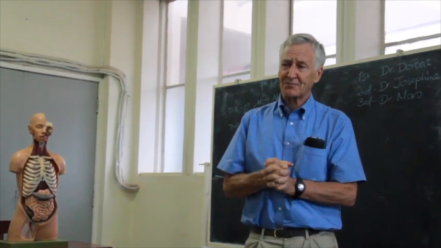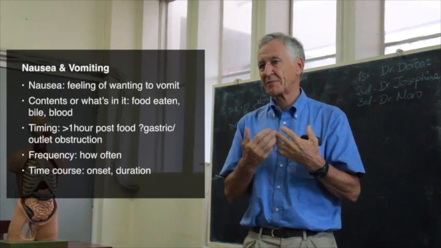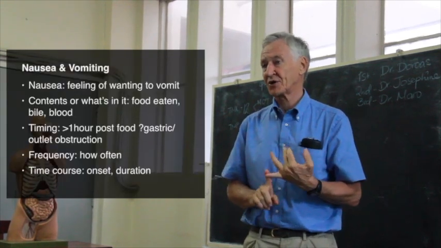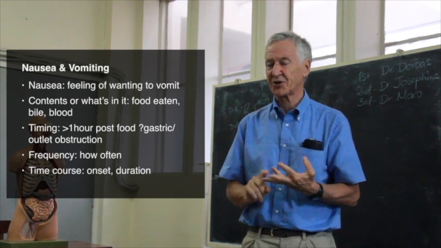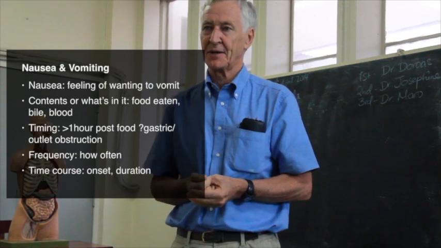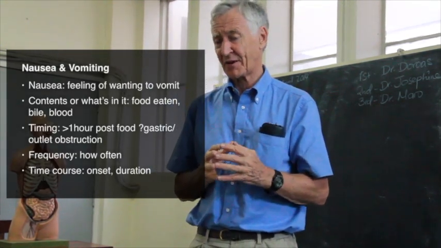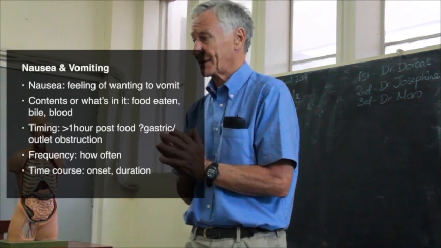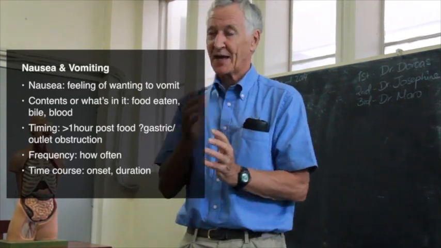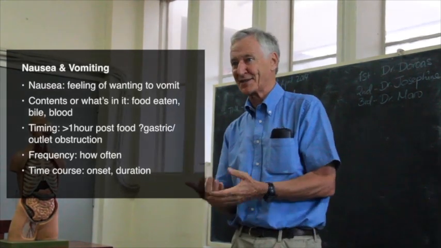Probably before I've gone on to pain, I should have mentioned things coming back up. And the big one, of course, is vomiting, and the other one is flatulence, or gas or air coming back up. Now, vomiting, of course, is big, and vomiting is a major complaint in the gastrointestinal system. And just like the respiratory system with cough, you have to ask what is in it.